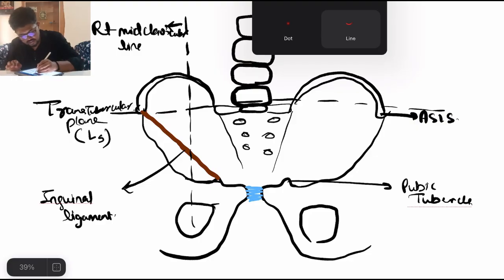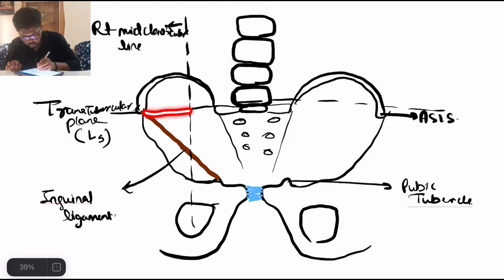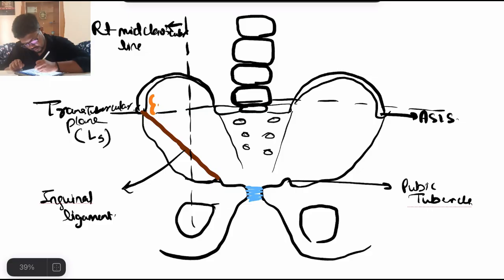This triangular area between the transtubercular plane, the lateral half of the inguinal ligament, and the right mid clavicular line, this triangular area is where the cecum is located. So in this area the cecum is located.